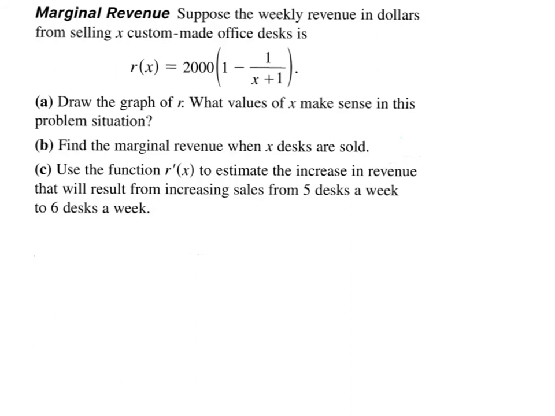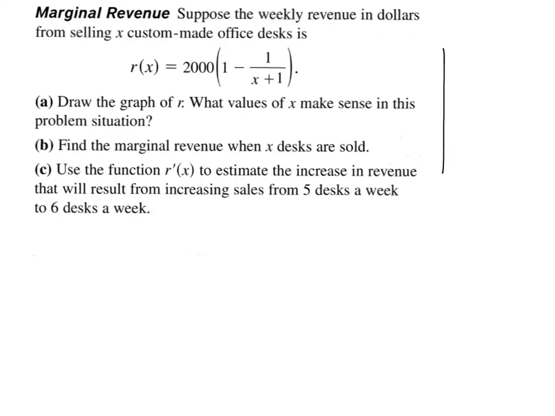And just a good guess of what this graph would look like. Probably you're not going to sell more than like 100 or 200 of these, so maybe you just look at what it looks like from 0 to 100 or 0 to 200 as you graph it. So if we put that into our calculator, the graph looks like this.